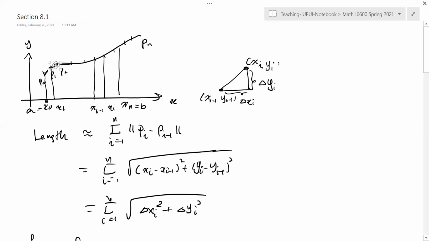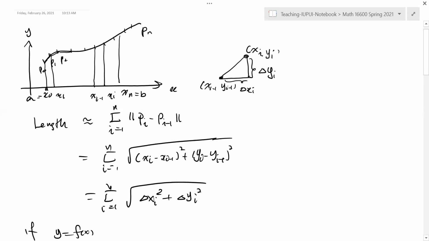The curve is almost a straight line between two nearby points, so you just use a straight line to approximate the distance, then add them together, and you get the total length. Those points correspond to points on the x-axis and also the corresponding points on the y-axis.